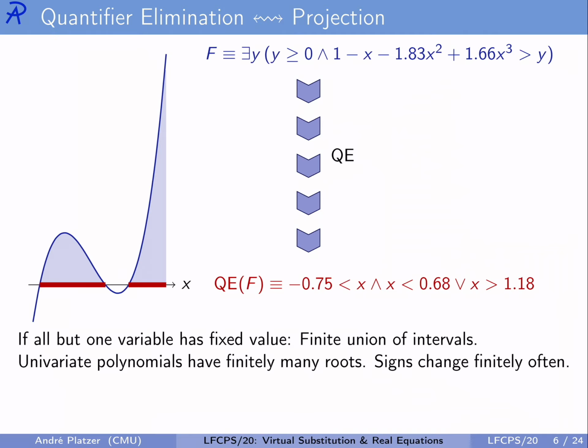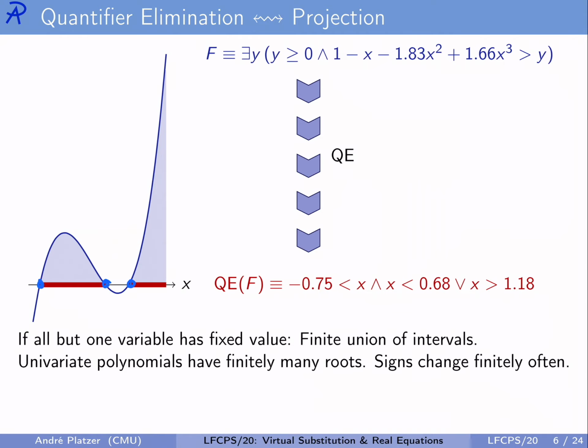And for univariate polynomials, it's kind of obvious that here we will have as an answer a finite union of intervals, because univariate polynomials only have finitely many roots. For example, here it is 0, here it is 0, here it is 0, but not more often. And it cannot possibly have more roots because it is a polynomial of degree 3, and I can have at most 3 roots. This one does have exactly 3 roots.